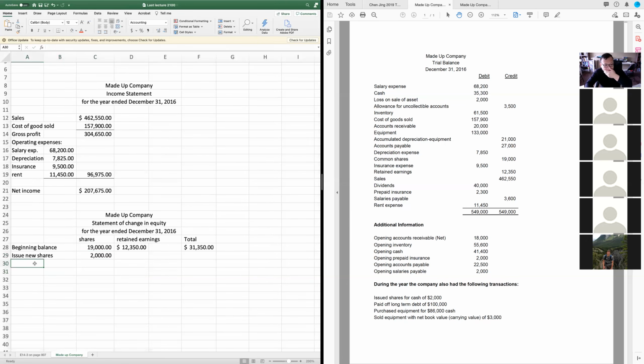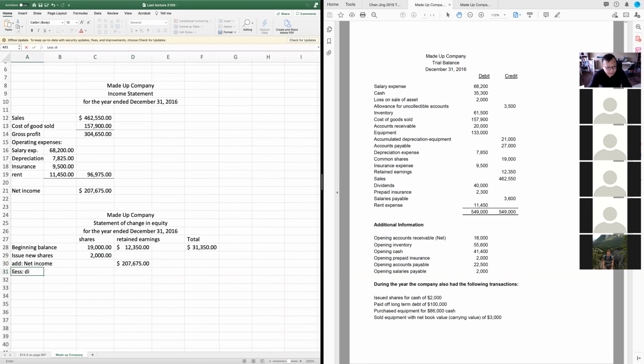And you have net income, so you're going to add net income. That number is this. And you're going to subtract dividends. How much dividend was issued?